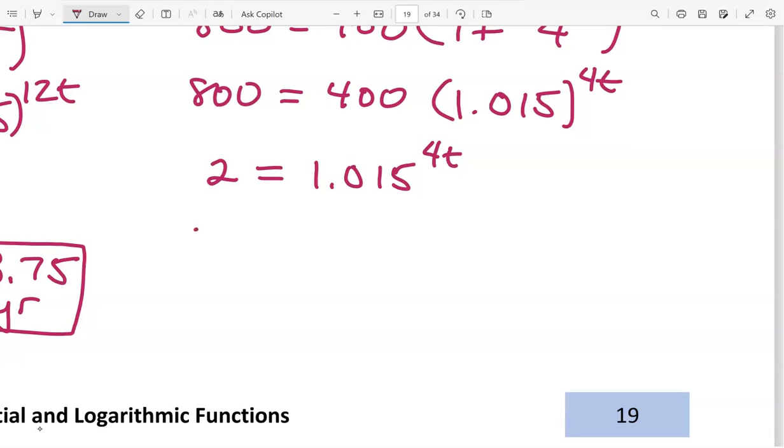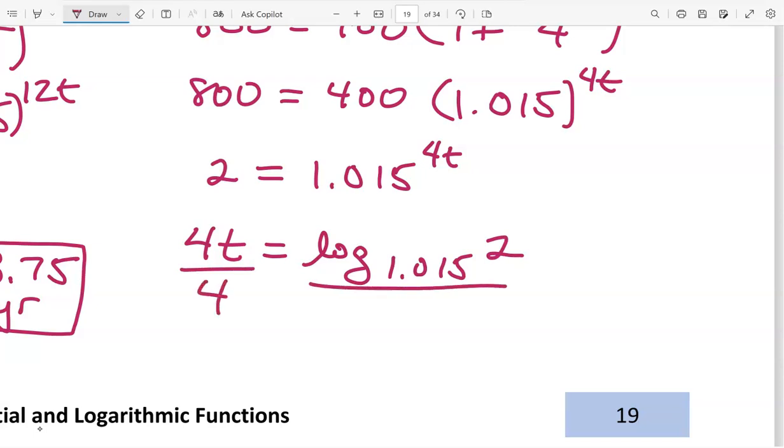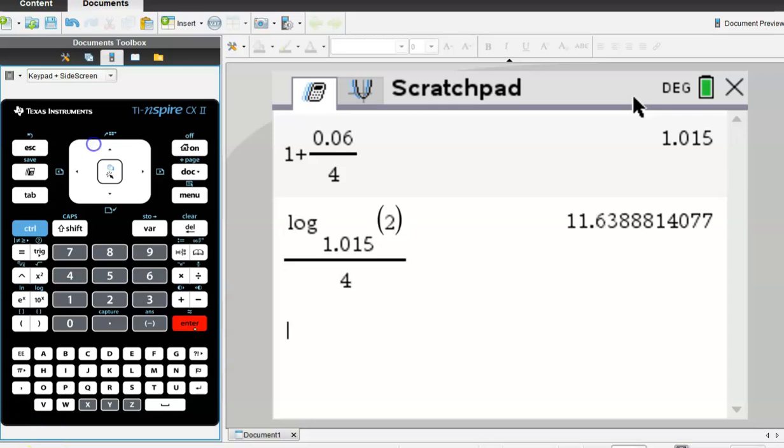Rewriting this in logarithmic form, we can solve for the exponent. So the exponent 4t is equal to the log base 1.015 of 2. Dividing both sides by 4, we get a calculator-ready form of log base 1.015 of 2 divided by 4, which gives us that number, which rounded to the nearest hundredth of a year is 11.64.